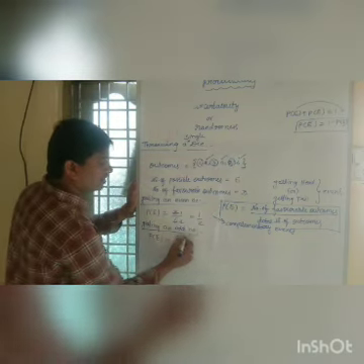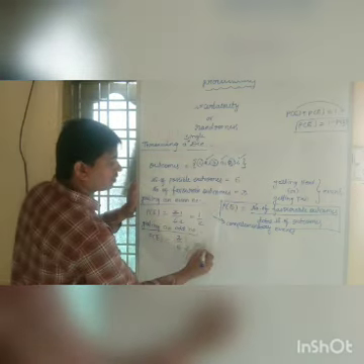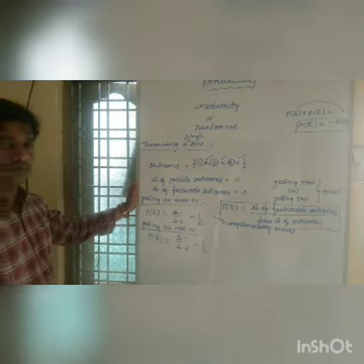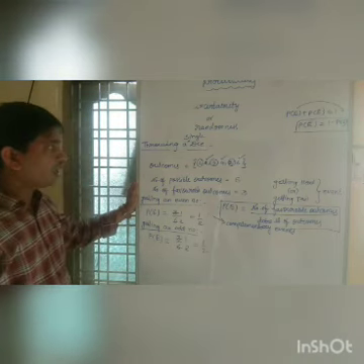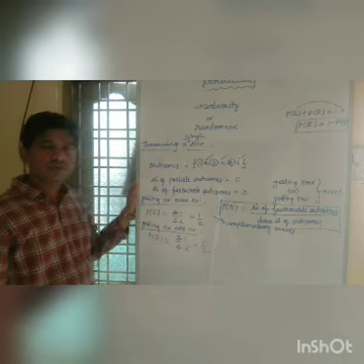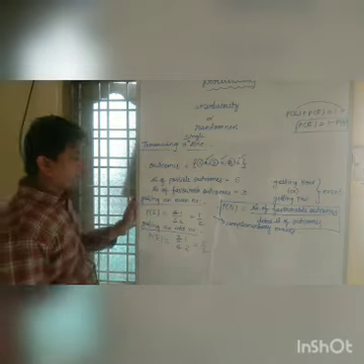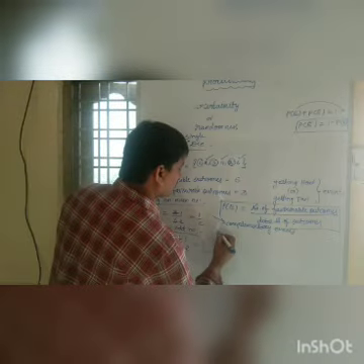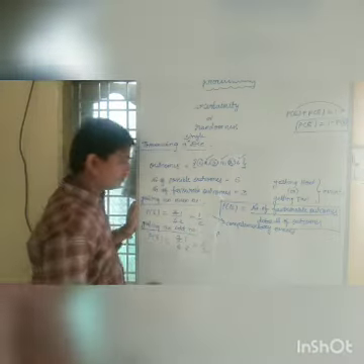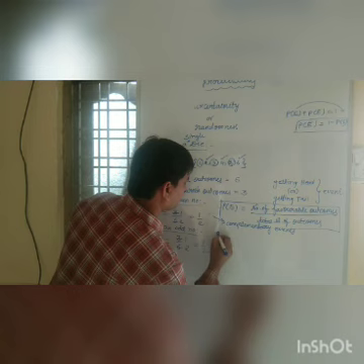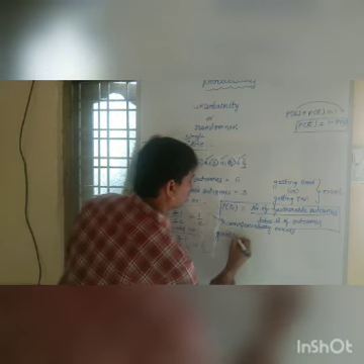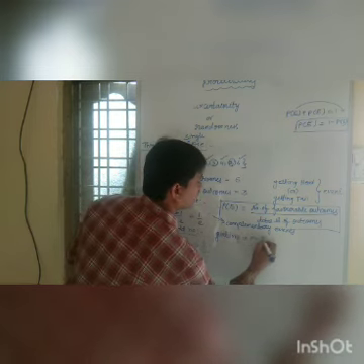So answer is 3 by 6, which is 1 by 2. Right? Now my question is, when we throw a die, what is the probability of getting a number 7?